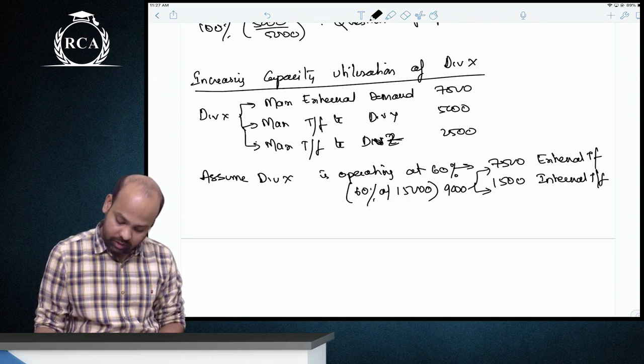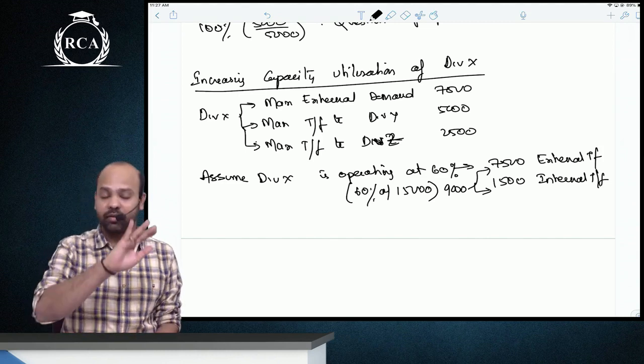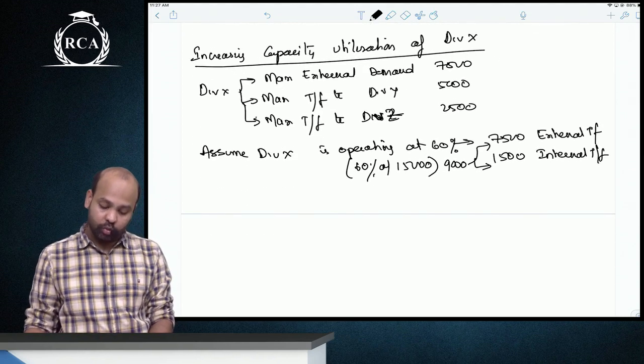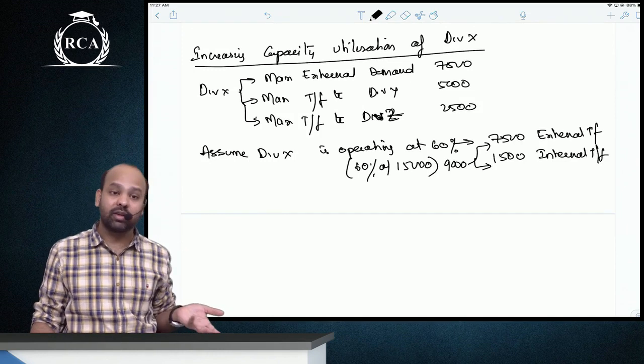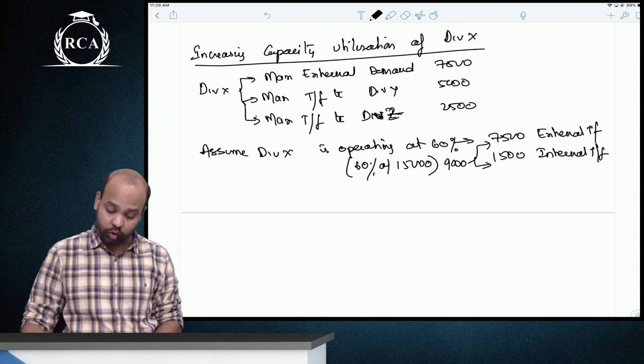So those 9,000 units are 7,500 external sales and 1,500 internal transfers. We have absolutely no idea whom they are transferring to, but because the question says they are operating at 60%, I will take 60%.